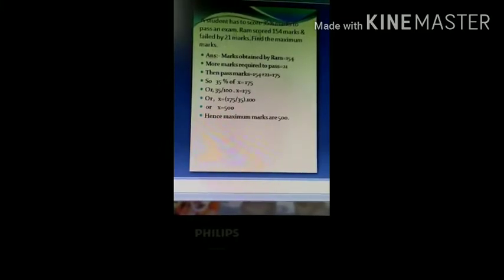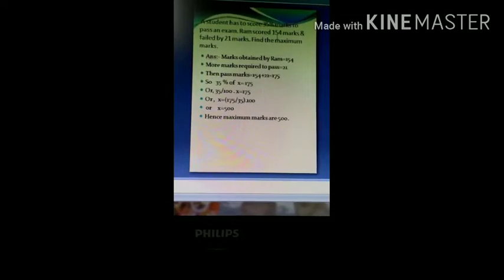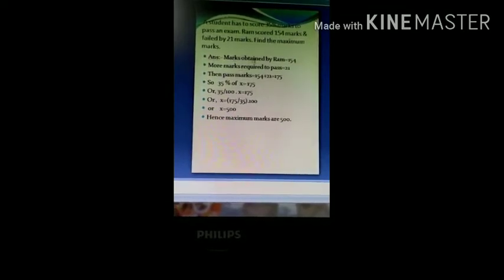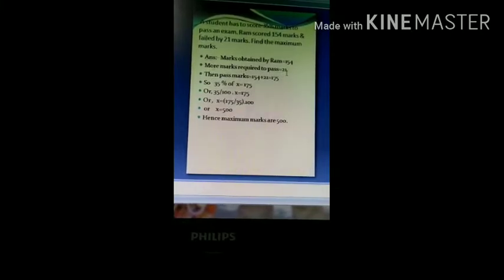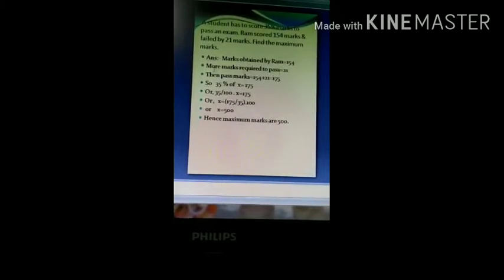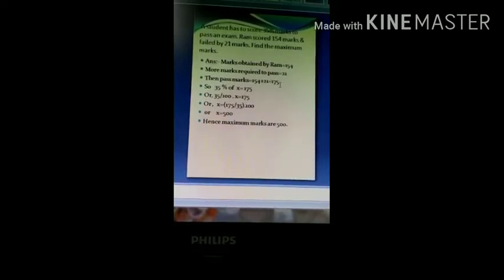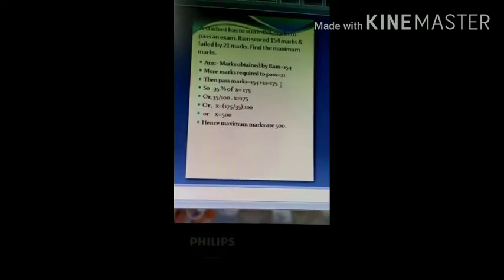Here we see that the marks obtained by Ram are 154, but he failed by 21 marks. Hence, 21 more marks were required to pass. Then the pass marks equal 154 plus 21, that is 175.